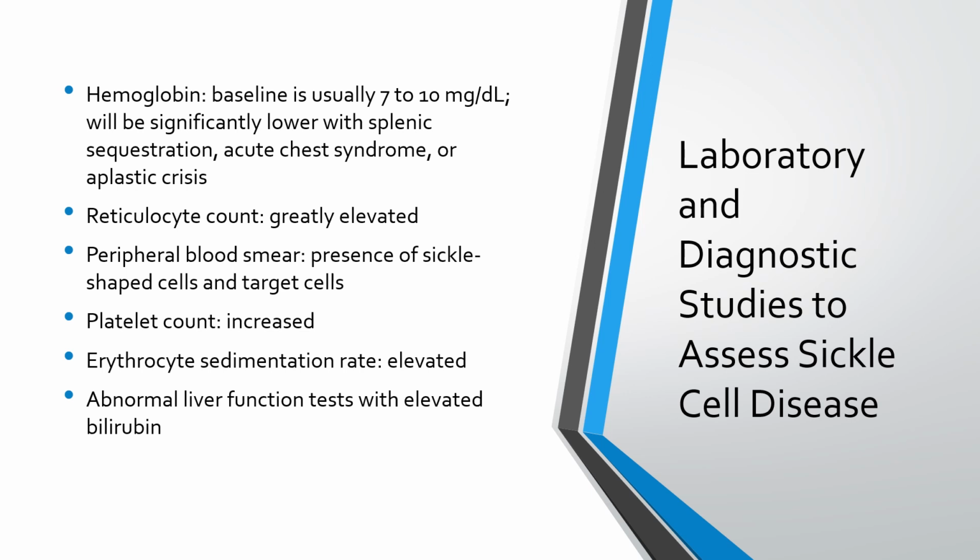Platelet count is usually increased. Erythrocyte sedimentation rate, or ESR, that inflammatory marker is usually elevated. They also have elevated bilirubin, which is from that lysing or breaking, and that bilirubin is just escaping.